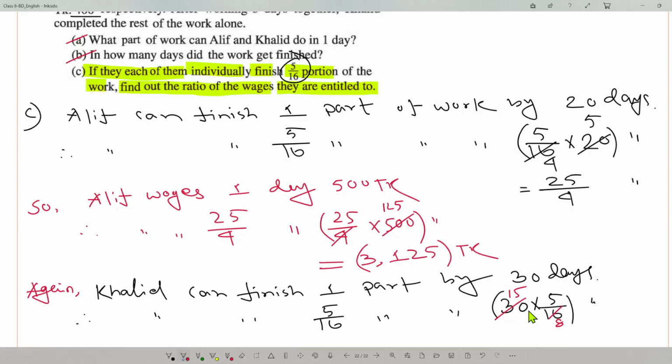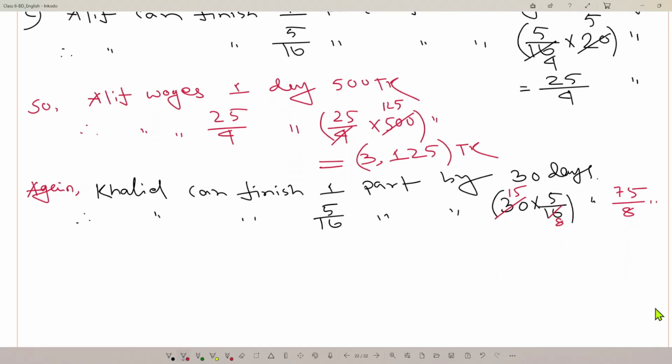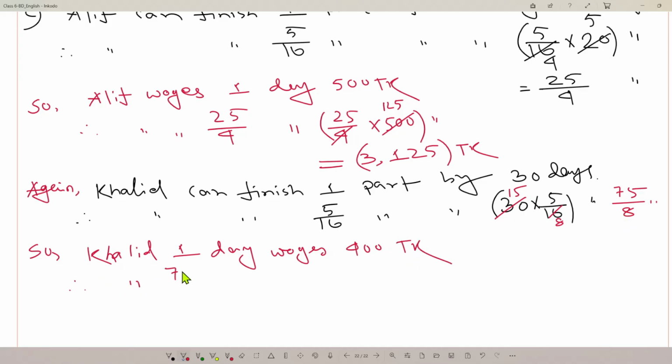Then 15 times 5 is 75/8. So Khalid's one day wages are 400 taka. So for 75/8 days, wages are 400 times 75/8 taka.